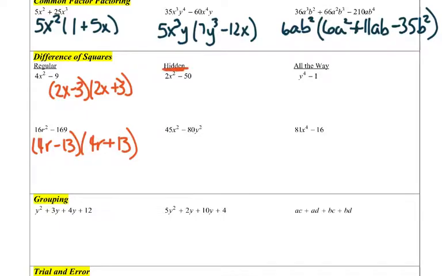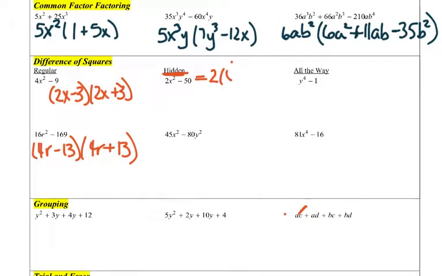Hidden ones are one step harder. So if you look at 2x squared minus 50, it doesn't look like a difference of squares, right? But you could pull out a common factor of 2. If I pull out the 2, then the difference of squares is revealed. So 2 is still part of my answer, and then I have x minus 5, x plus 5.